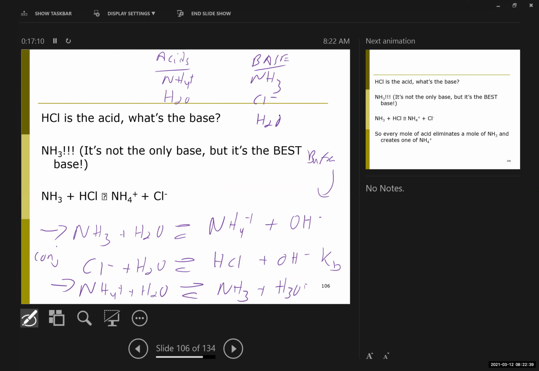When I then throw the HCl in there, there are technically 3 HCl reactions. This one ends up being the biggest one because, as we've just seen, the K for this is super big. But there's also technically the HCl plus water reaction, which is just the Ka of HCl.